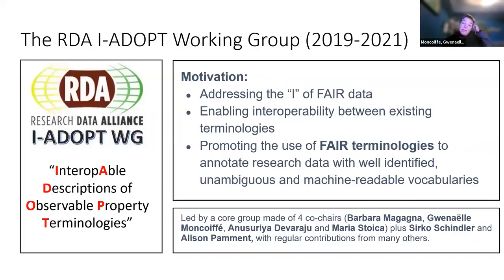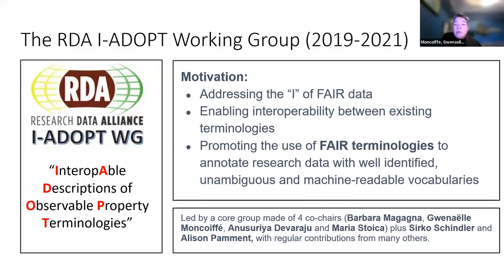So in 2019, following a series of discussions with a few data managers and scientists from different communities, we decided to form a working group to look at this issue of interoperability between the terminology used to describe observable properties.